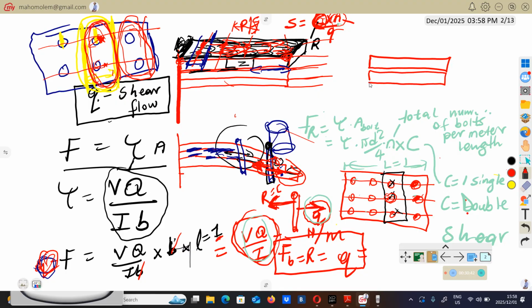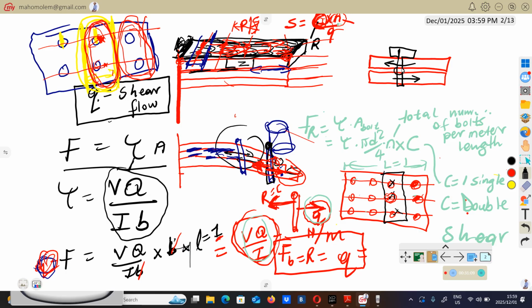Let's say we have two blades like this. Then you put a bolt, it goes like this. Now, when this thing slides, maybe this one will have the tendency of going there, and this one will have the tendency of moving forward.